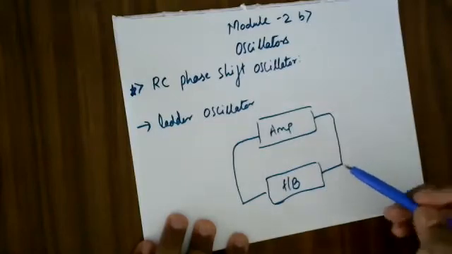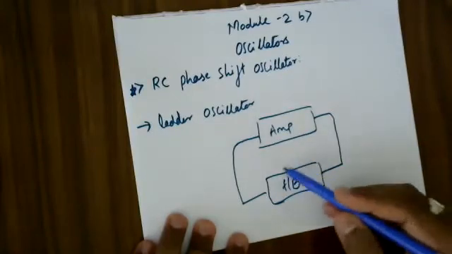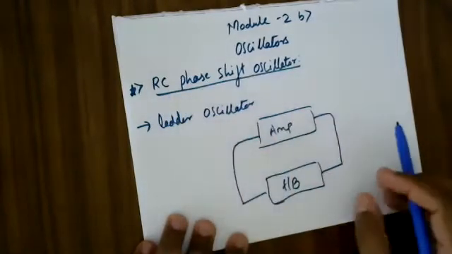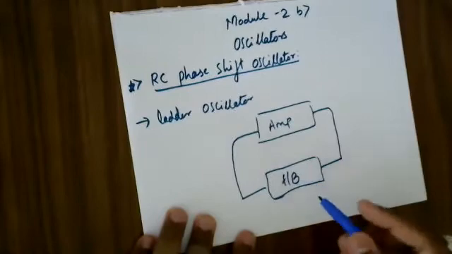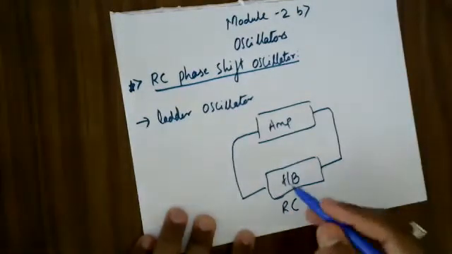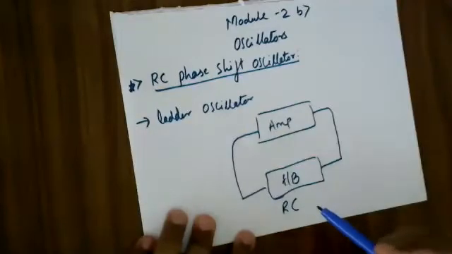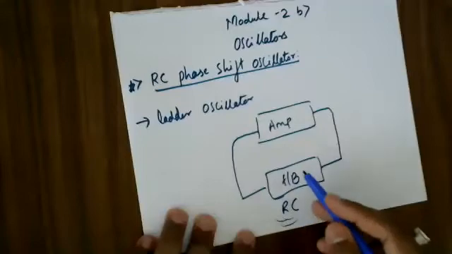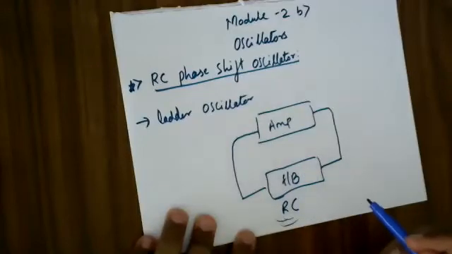Now, in our RC phase shift oscillator, the feedback circuit comprises the components R and C. That's why it is named RC. So I'll have R and C components in my feedback circuit.